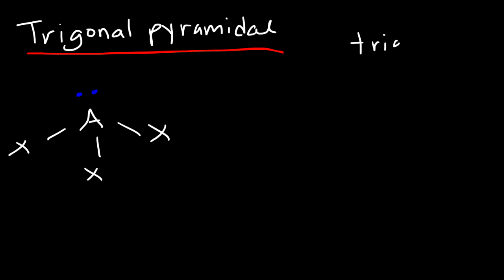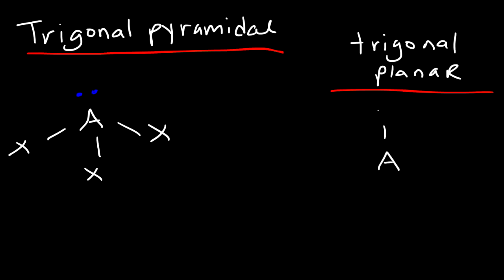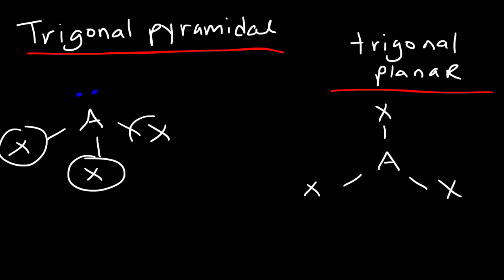Now, just to compare it with the trigonal planar structure, I'm just going to draw this right next to it so you can see the difference. The trigonal planar structure doesn't have any lone pairs on the central atom. It's simply surrounded by 3 other atoms. The trigonal pyramidal structure has 3 atoms attached to the central atom plus a lone pair, so it has 4 things.